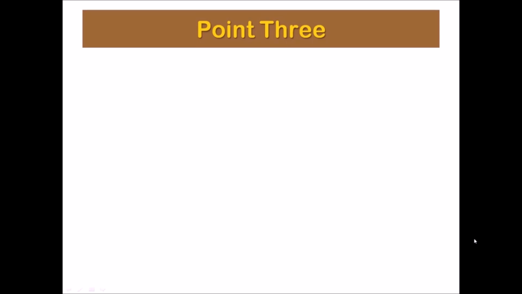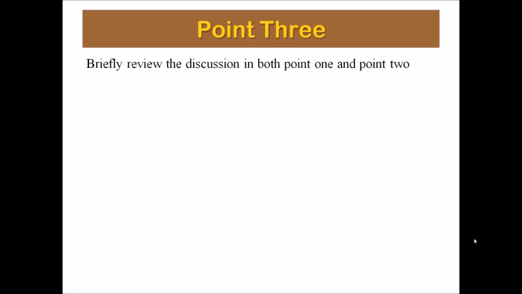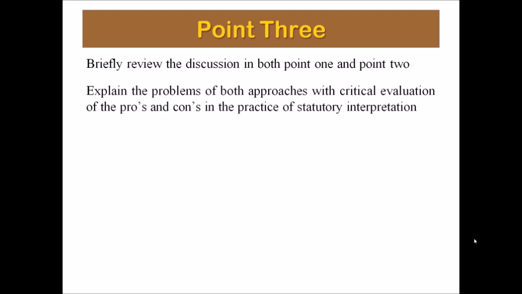Point 3 is the part where we have to critically evaluate the two approaches to statutory interpretation as discussed above. To do this, we will first briefly review the discussions made in point 1 and point 2. After that, we will have to explain the problems of both approaches with critical evaluation of the pros and cons in the practice of statutory interpretation.